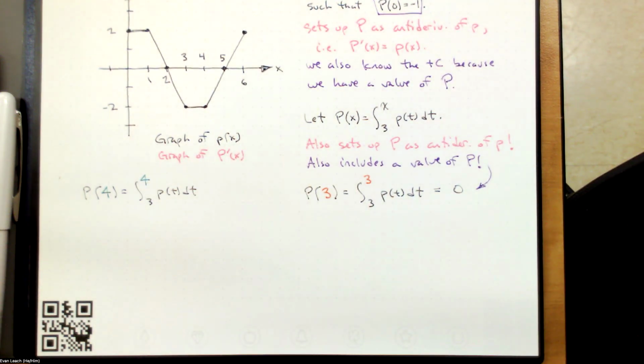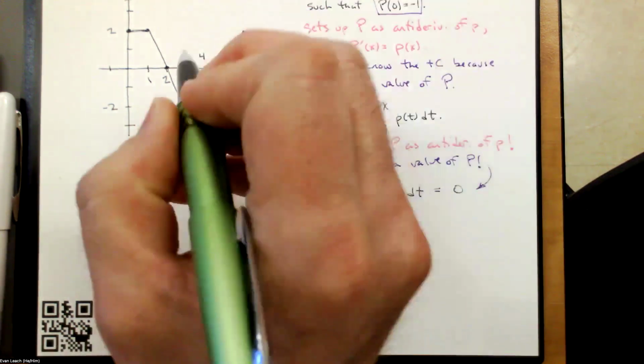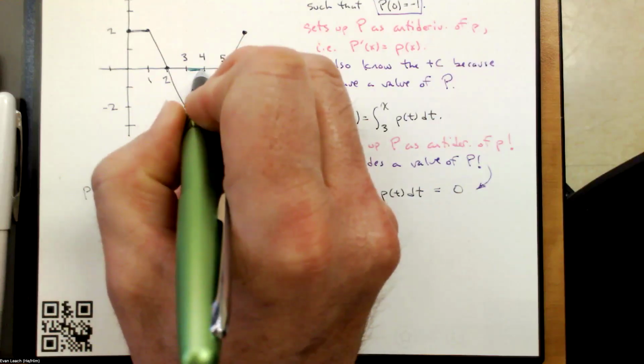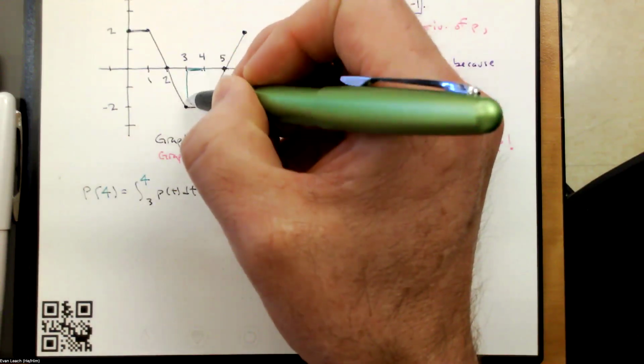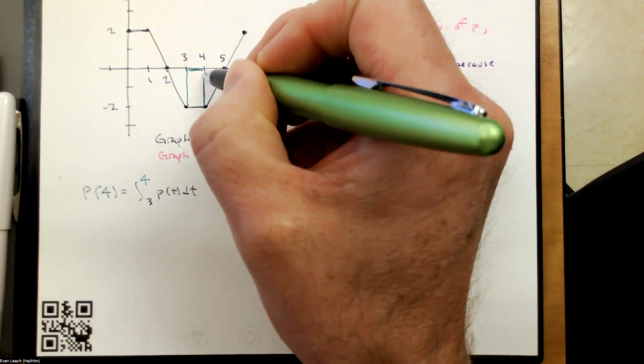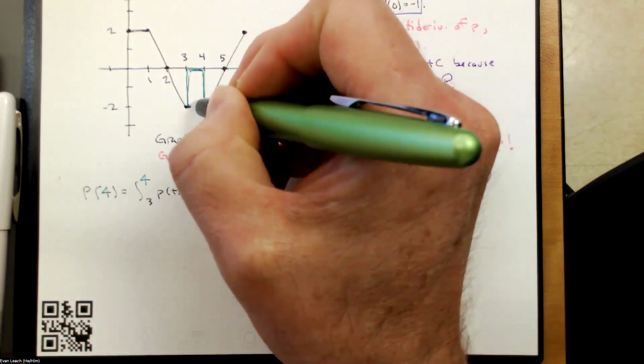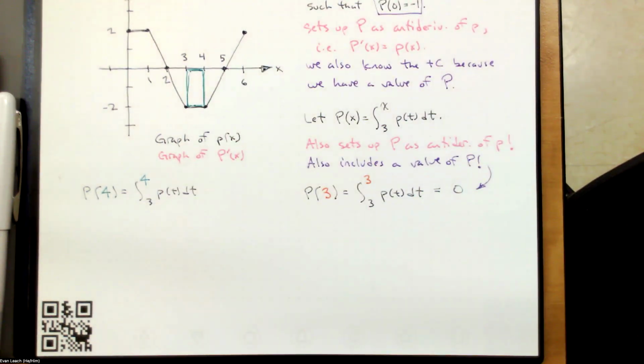If I want the definite integral from 3 to 4 of p of t dt, I want the area under the graph of p and above the interval from 3 to 4. That's just a rectangle.